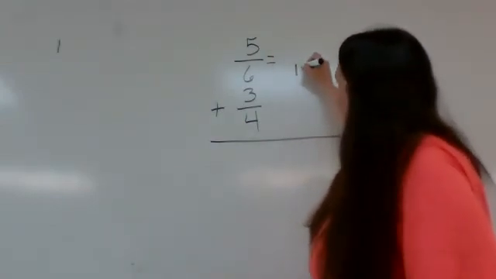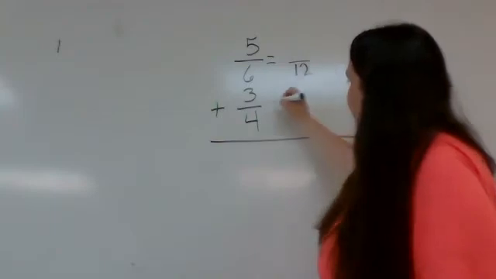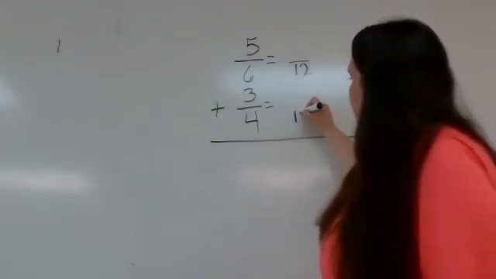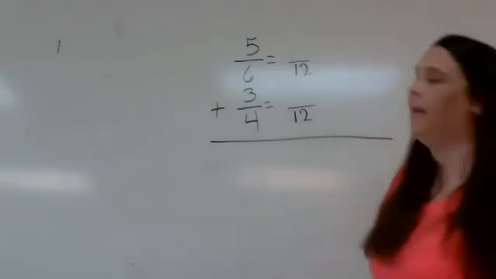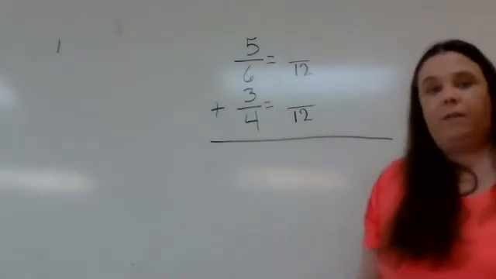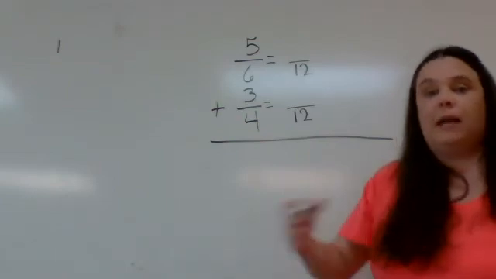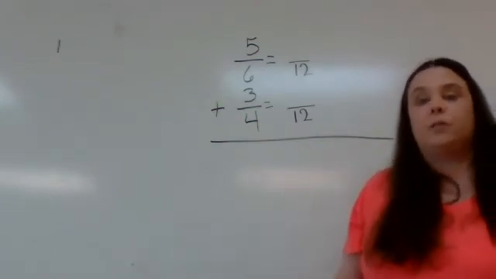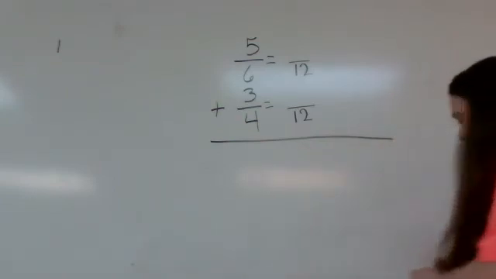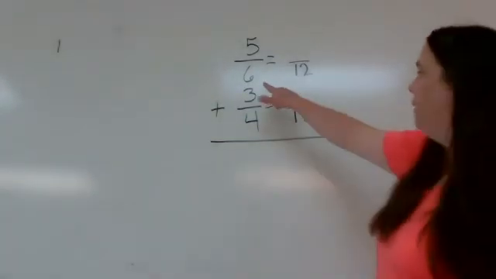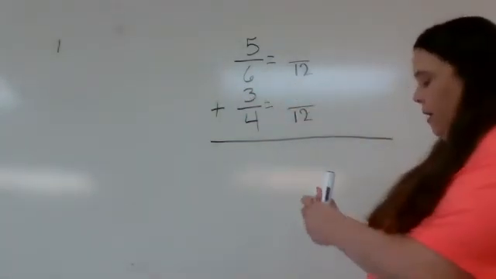And so I'm going to have to change it for both of these fractions. Now, I will say, if you didn't get 12 and you were like, oh, okay, 24, it'll still work out. You'll just have to do a lot more reducing later, but it will still work out. So now I'll start up here. 6 times what is 12?